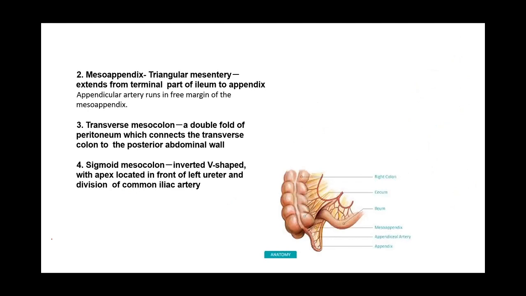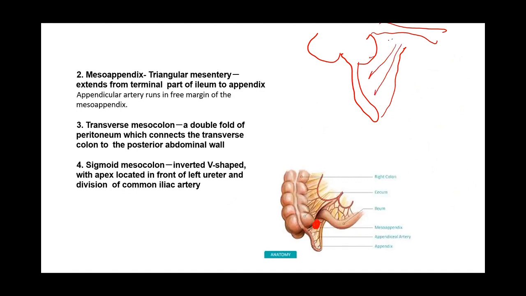When you are doing an appendectomy, you have to create a window in the mesoappendix. If this is the appendix, this is the cecum. Okay, you have the terminal ileum. Now the appendicular artery is here.